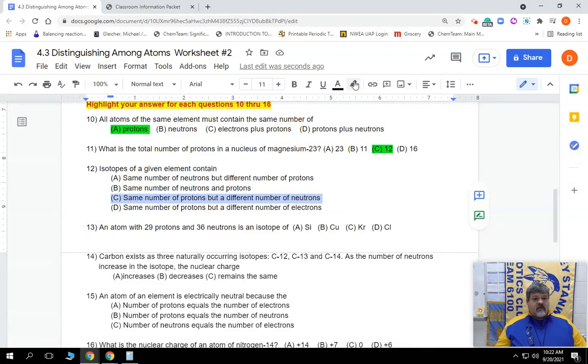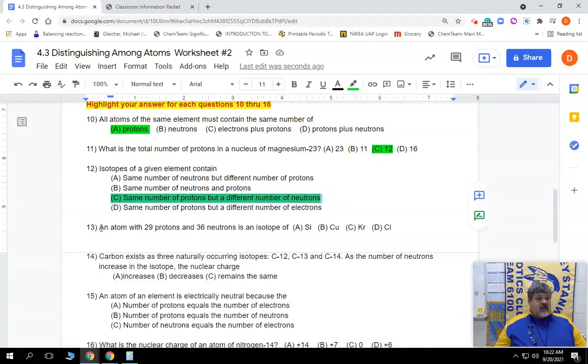So we'd highlight that one right there and change the color. Now the same number of protons but a different number of electrons. No, it's going to have the same number of electrons as it does protons. But what makes it an isotope is they'll all have the same number of protons, but a different number of neutrons, which makes it weigh a little bit different.